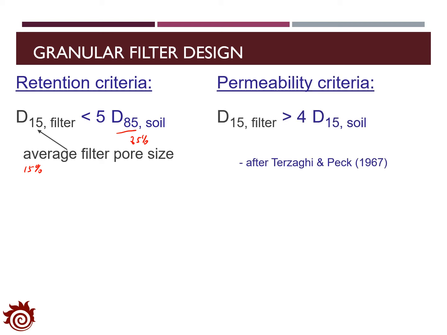In addition, for permeability criteria, we want to make sure that D15 filter is higher than 4 times D15 soil. So with these two criteria, we can find out the upper and the lower bound of D15 filter.